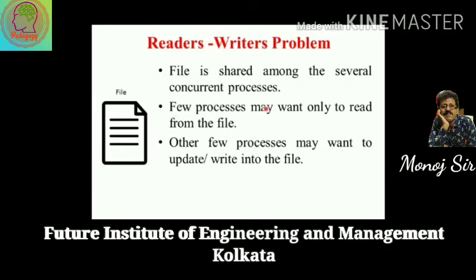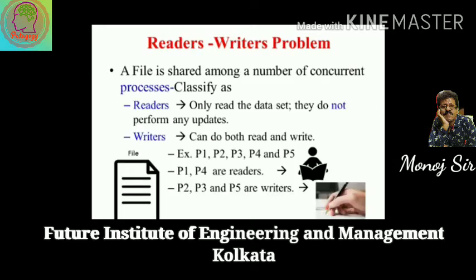In the readers-writers problem, a file is shared among several concurrent processes. A few processes may want only to read from the shared data, and a few want to write.